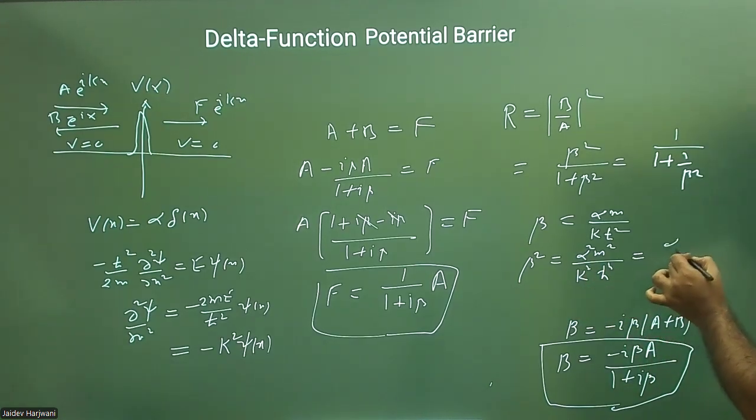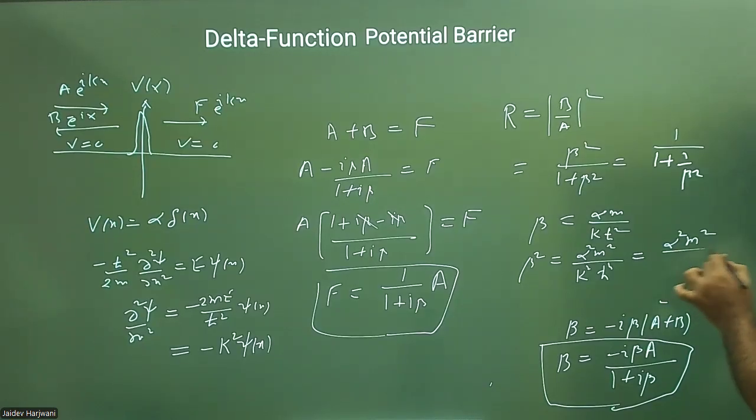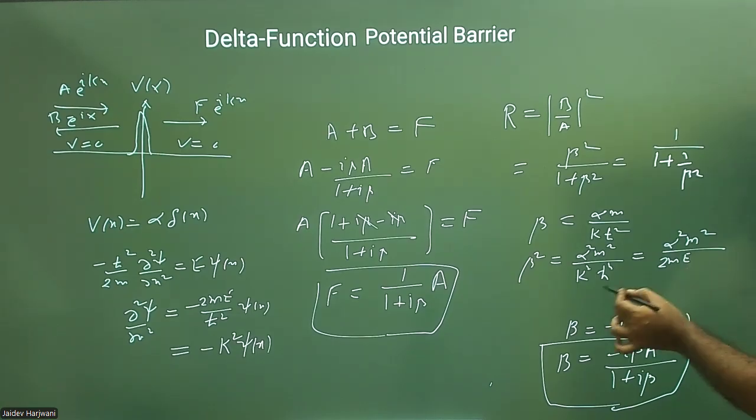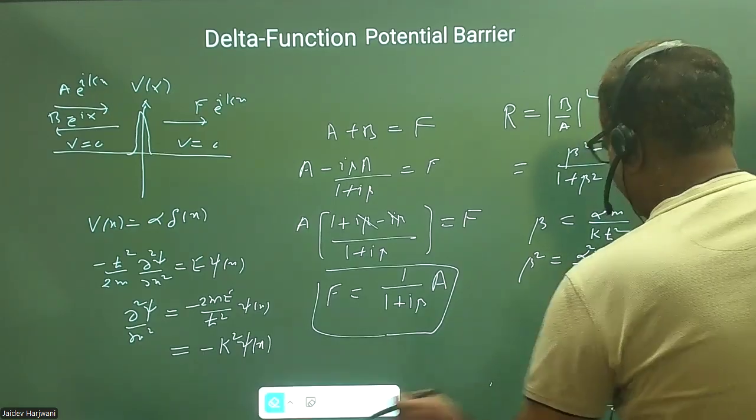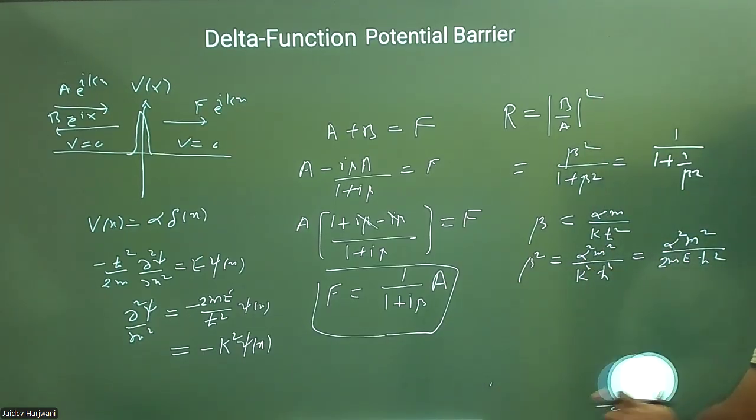K is your 2me upon h cut square, so k square is 2me upon h cut square. So this remains h cut square here. This is beta. I can write it like this.